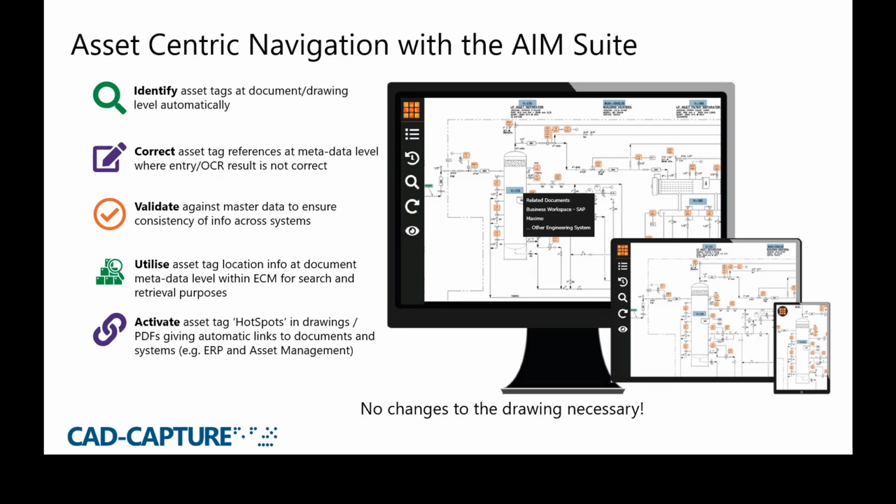So whether that's to overcome inconsistencies or just overcome errors where the drawing or the tag has been entered incorrectly. To be able to validate the information against your master data and compare what is in the drawing with what is actually in the master system can be very powerful. Utilize that tag location from a search and retrieval point of view, and therefore activate that tag information, create a hotspot, and the ability to drill down or across, break the barriers from structured to unstructured information, and get to the information you need from an asset-centric point of view rather than document or system-centric position.